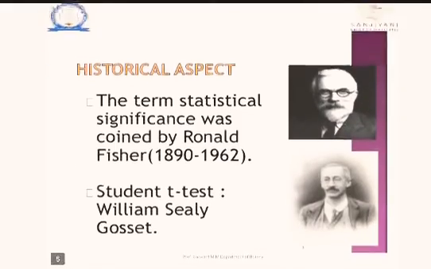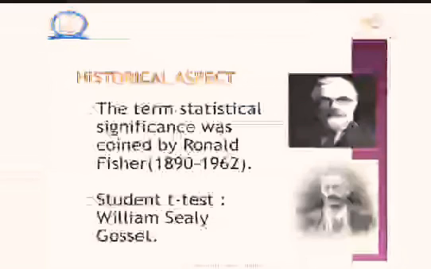Let's look at the historical aspect. The term statistical significance was coined by Ronald Fisher, 1890 to 1962. He is the scientist who gave statistical significance, that is, observed value, expected value, and whether our experiment is significant or not significant.